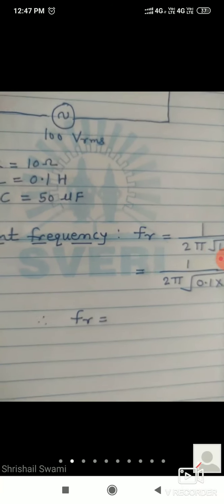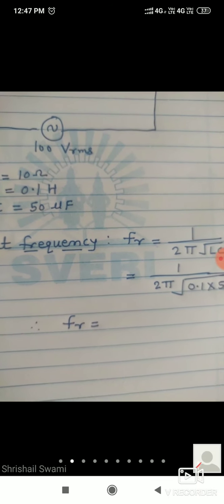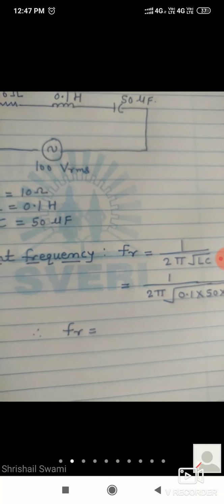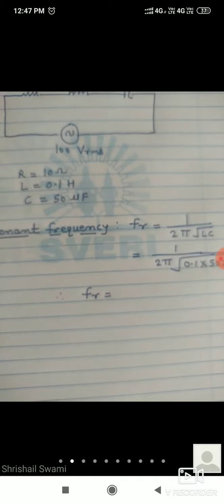Anyone? What is the answer of FR? Okay, very good. FR is 71.17 hertz. This is the answer of the resonant frequency.